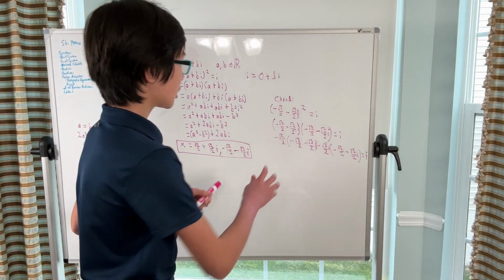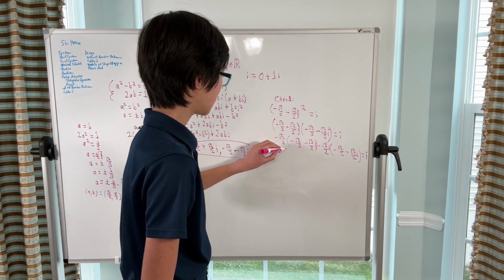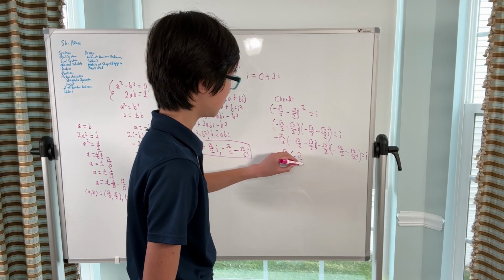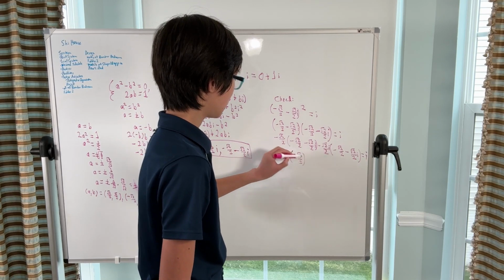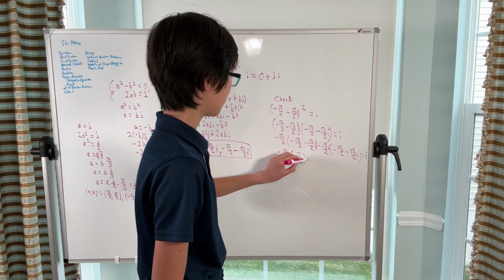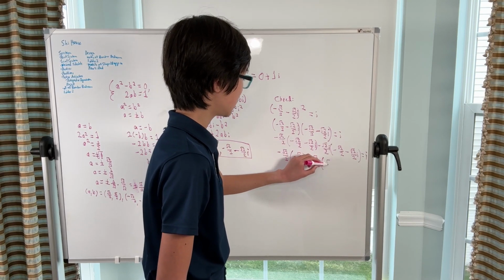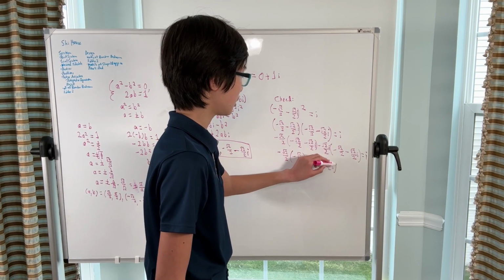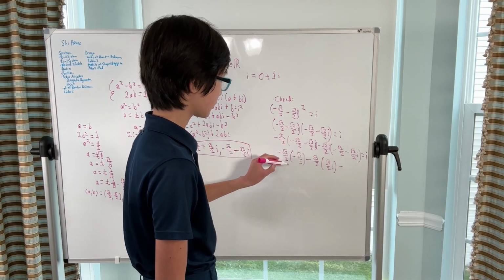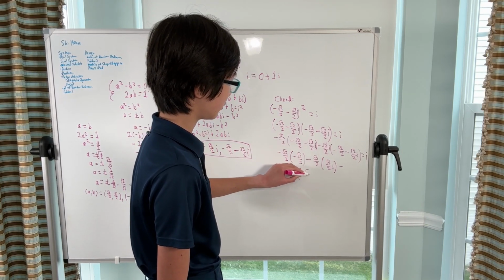And then we can multiply these together, which gives us 4 terms, right? Negative square root of 2 over 2 times negative square root of 2 over 2, minus negative square root of 2 over 2 times square root of 2 over 2 i, minus, I'll just write it on the bottom, negative square root of 2 over 2 i times negative square root of 2 over 2.